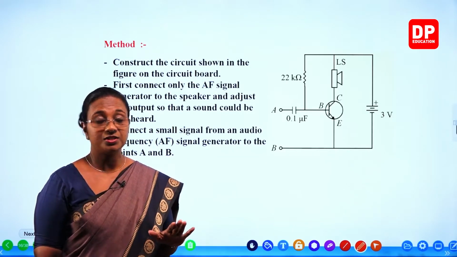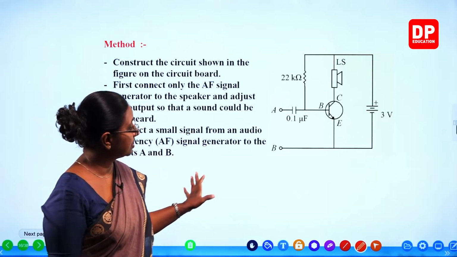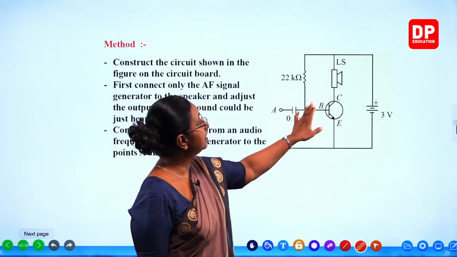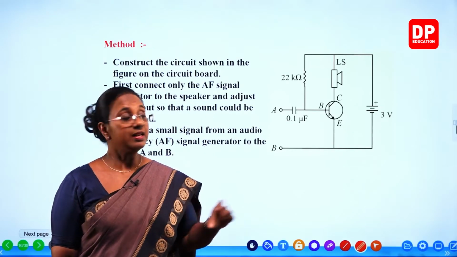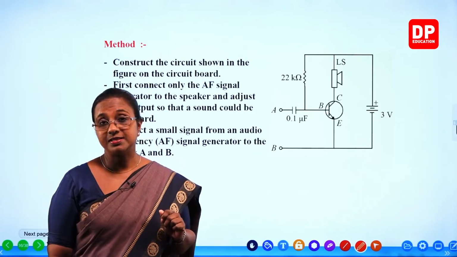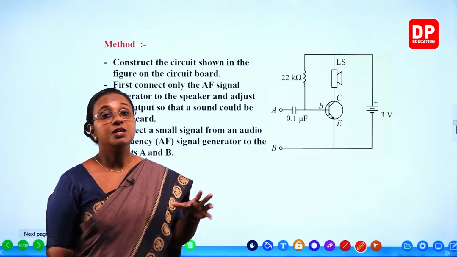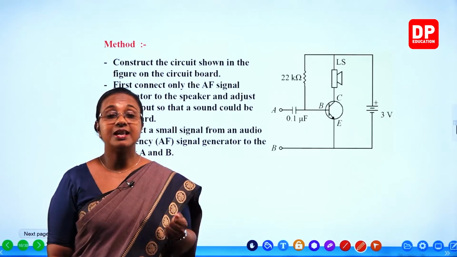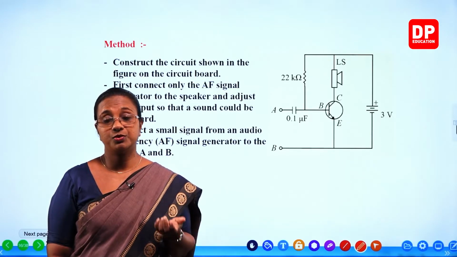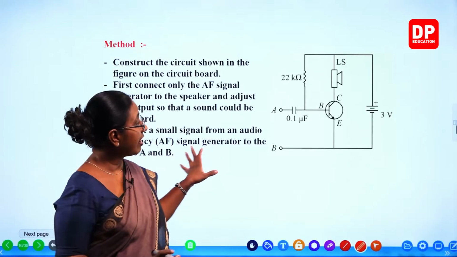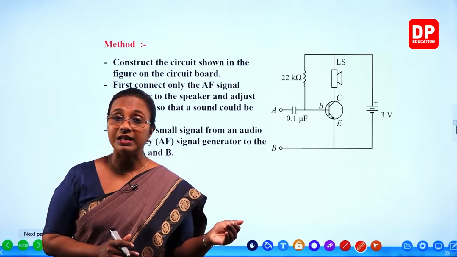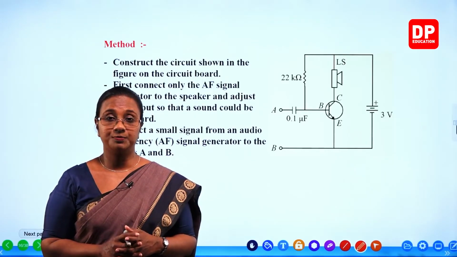Is that clear, students? So that is the procedure using the NPN transistor, the loudspeaker, providing the audio frequency signal and the capacitor connected to the base. You can understand the signal amplification process of an NPN transistor. So now that you have understood the activity, let's go to the lab and do the activity now.